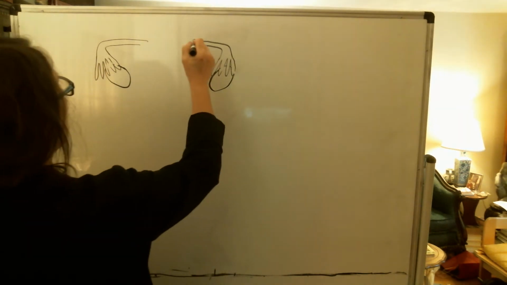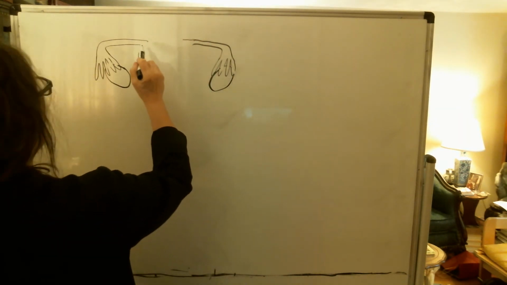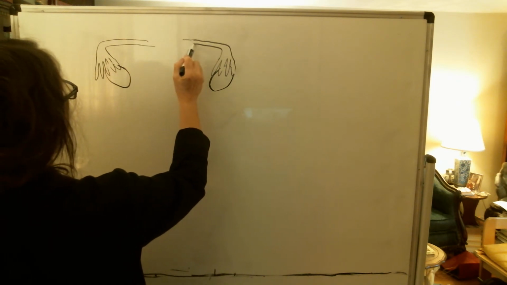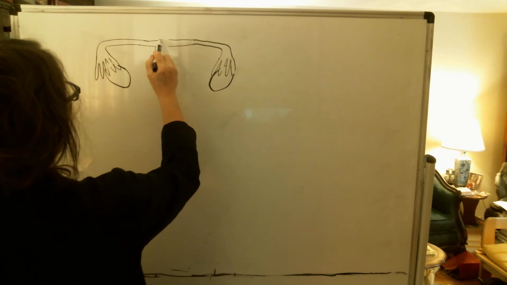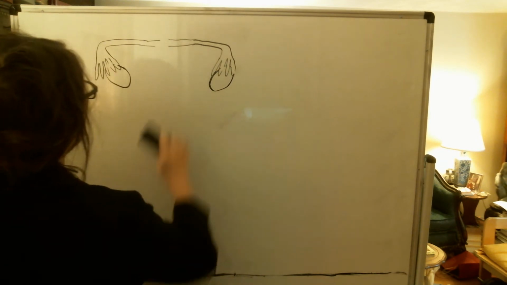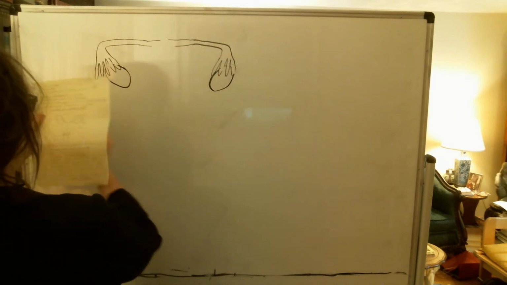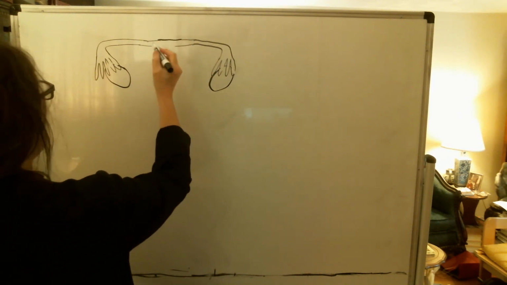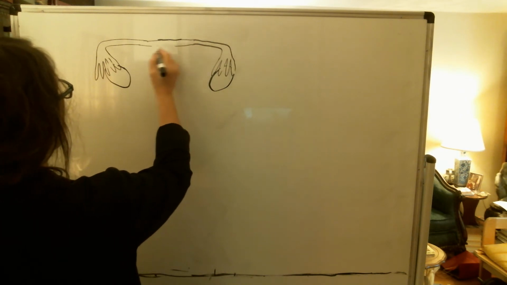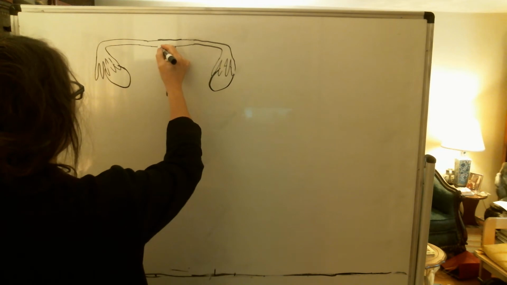And then we get on to where these two tubes, which is what I'm drawing here, where these two tubes then come together in the middle, like so, and then this creates a passage here.